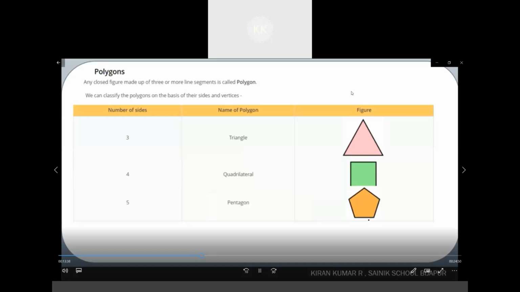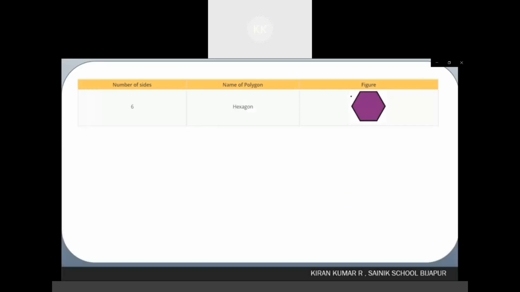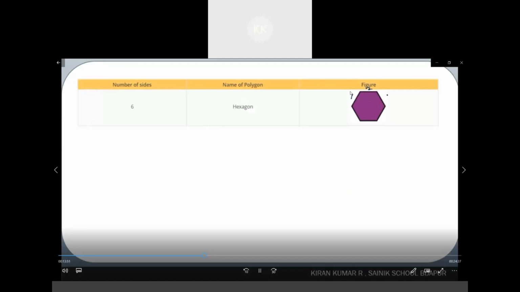If the number of sides is 5, we get a pentagon. If the number of sides is 6, we get hexagon. You can count the number of sides here. 1, 2, 3, 4, 5, 6. If 6 sides are there, it is hexagon.